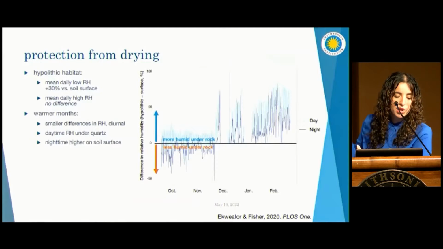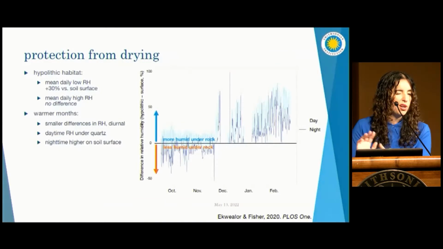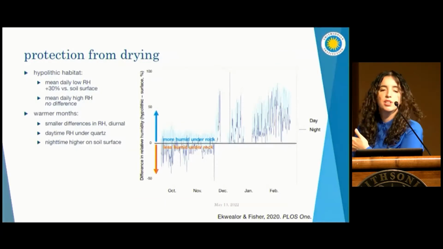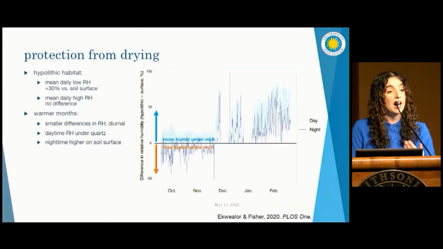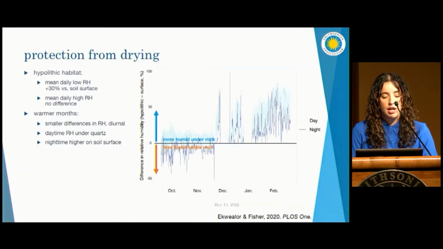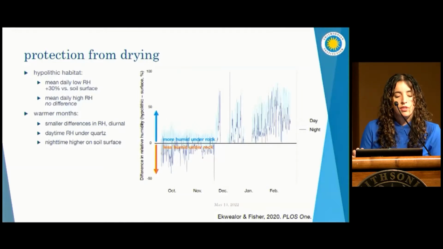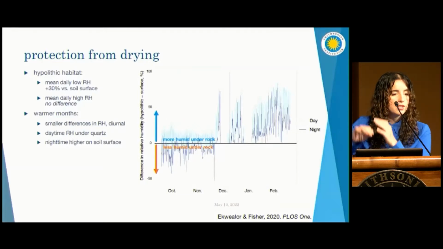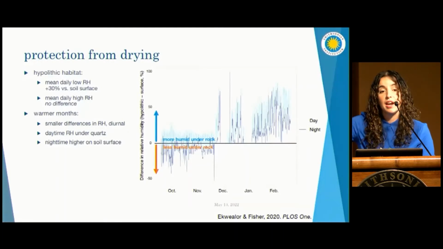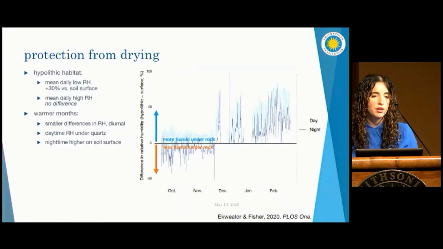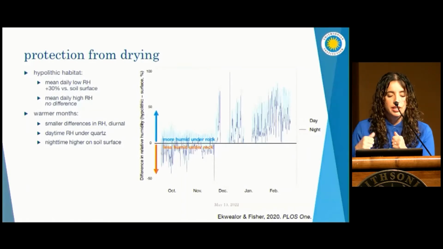And we see a couple of patterns emerging. In these warmer months, in this part of the desert, winter starts pretty late. Usually it's hot still in October and even November. And in the warmer months, there is a difference in relative humidity in a day-night cycle, like with temperature, where during the day it's more humid under the rock, and at night it's actually less humid under the rock.